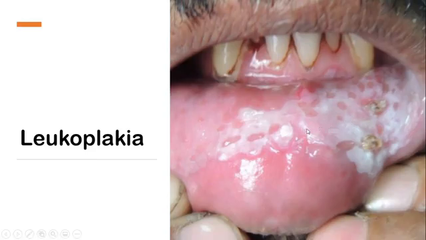Diagnosis and follow-up are important, and to ensure that there are no malignant spots, a biopsy should be taken from any suspicious area to exclude malignancy and invasive cancer. So mild, moderate, and severe dysplasia, carcinoma in situ, and even invasive cancer can be detected in areas of leukoplakia.